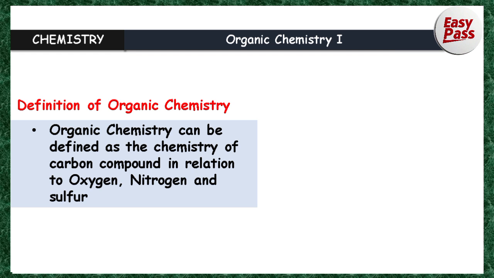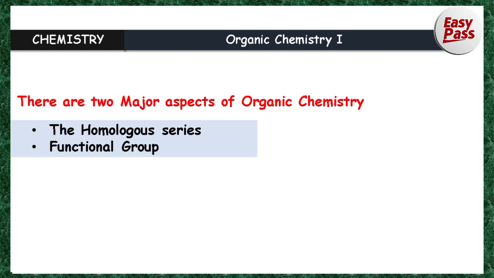There are two major important aspects of organic chemistry: the homologous series and the functional group, although the alkyl group is also important. These are the two major powerhouses of organic chemistry.